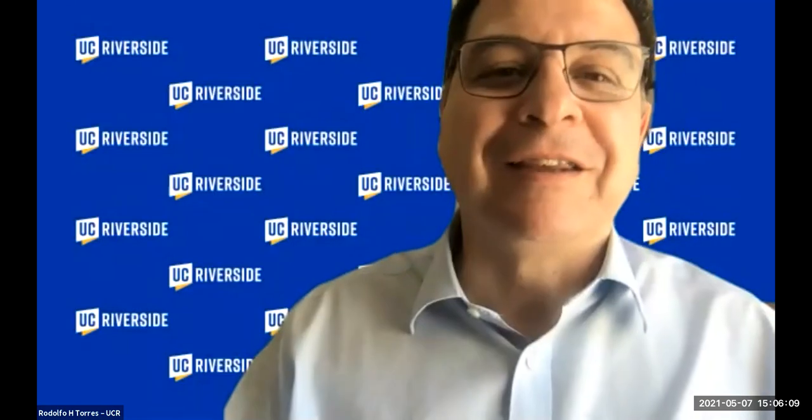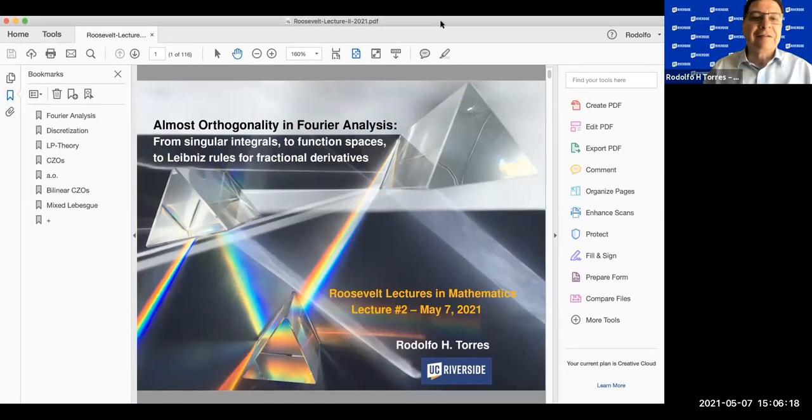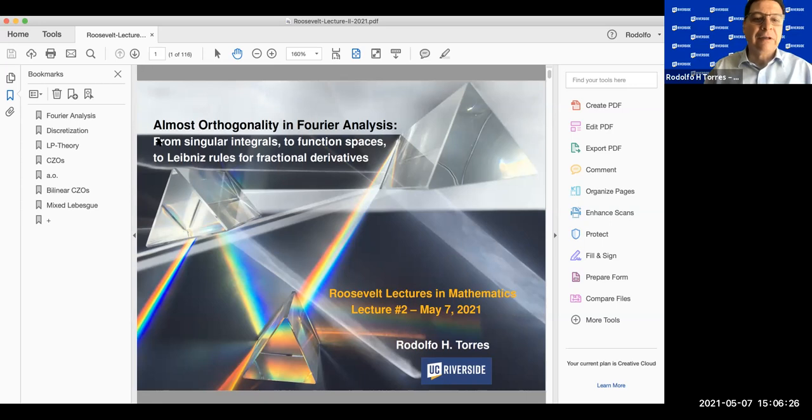Rodolfo. Okay, thank you very much. I'm trying to find the file and share the screen. Okay, good. Let's see, we should also change the screen now, right? Yeah, but the view, I want to have the full screen mode.